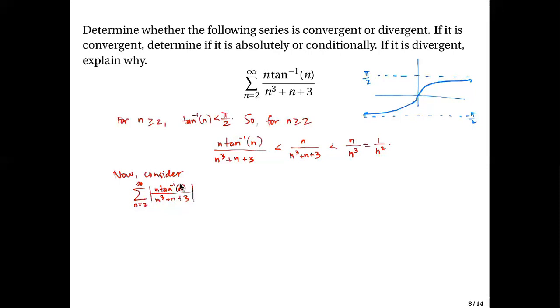Take note that this is always positive, so the absolute value has no effect, since the terms are positive. But anyway, this is less than the series 1 over n squared from 2 to plus infinity.